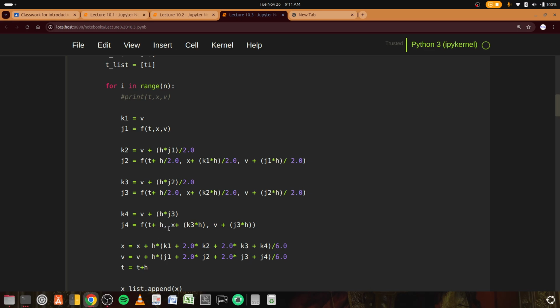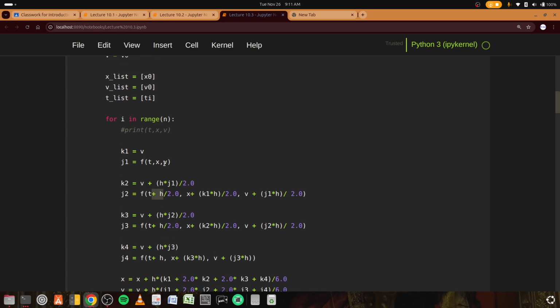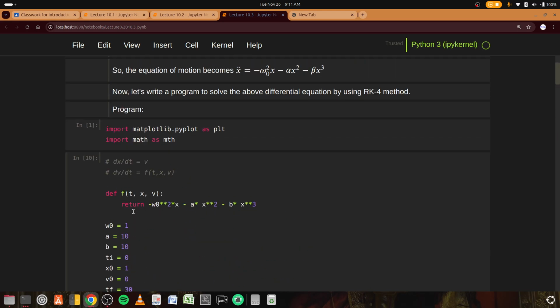Similar to x, it will give you the values, right? You see that this v entry here does not have any meaning, and this t entry here also doesn't have a meaning, because this function is only in terms of x.